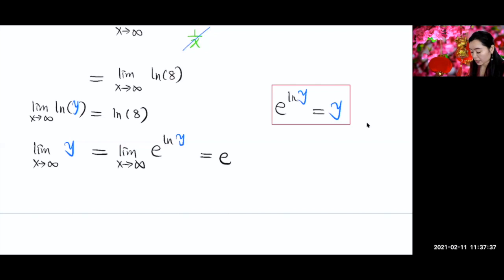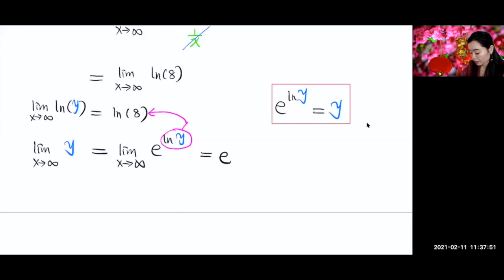And we know that when x goes to infinity, Ln of y goes to what? Ln of 8. As x goes to infinity, Ln of y goes to Ln of 8.